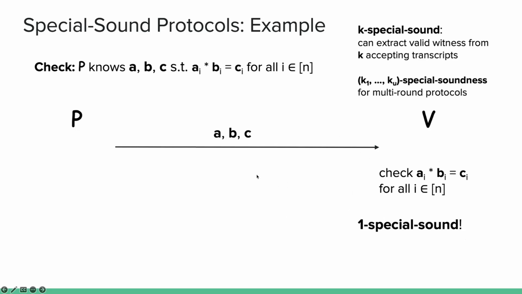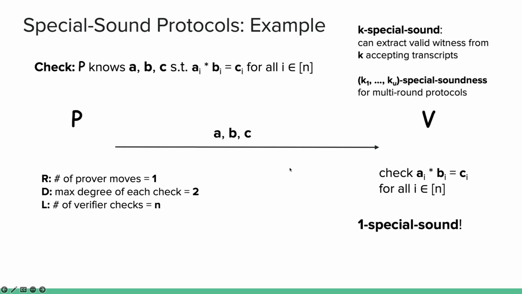For every interactive protocol, we have three important parameters. First is the number of runs, the number of prover rounds in this protocol. For example, r equals 1 here, because the prover only sends one round of message to the verifier. Second is the maximal degree of each equation being checked by the verifier.